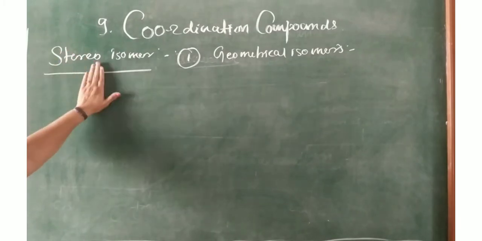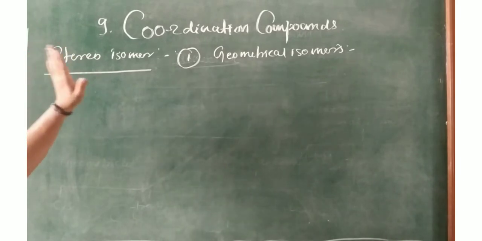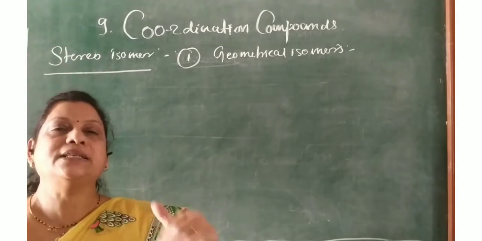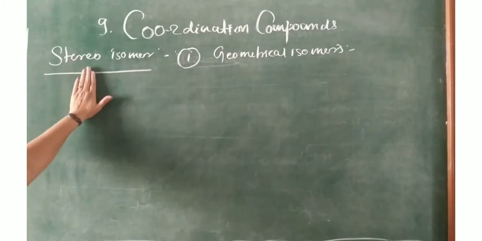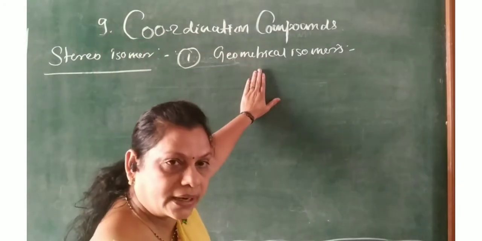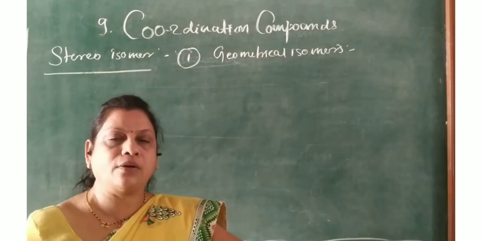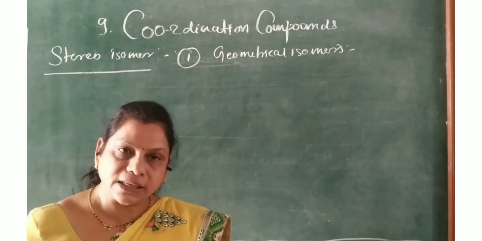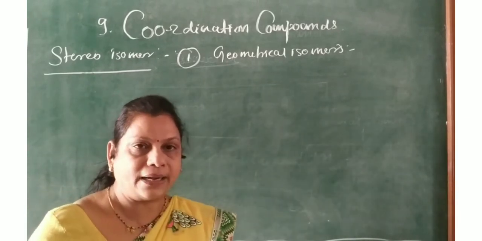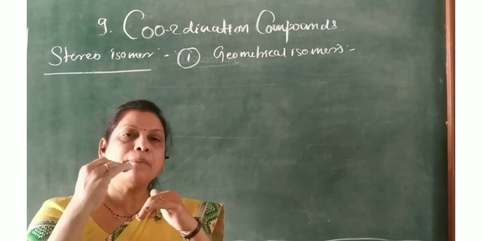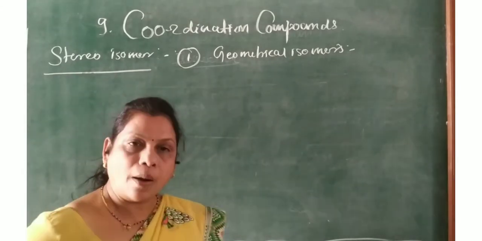Having the same molecular formula and same constituent atoms, but their arrangement in space is different. In stereoisomers, the first type is geometrical isomers. Again, the same molecular formula, same constituent atoms, and the same structure, but the arrangement of the atoms or ligands in the plane is different. One is adjacent, another is opposite.